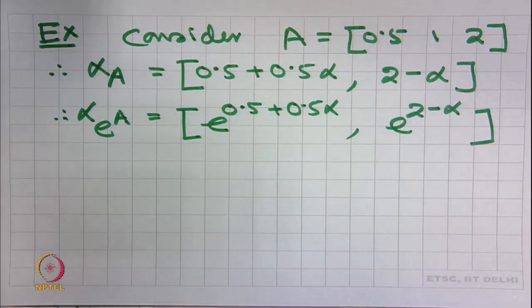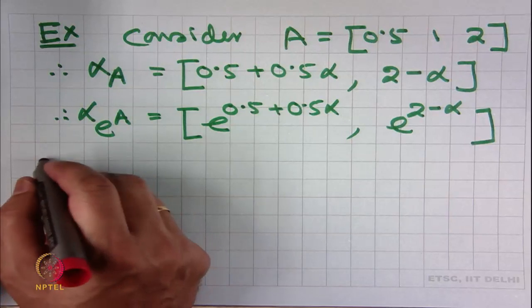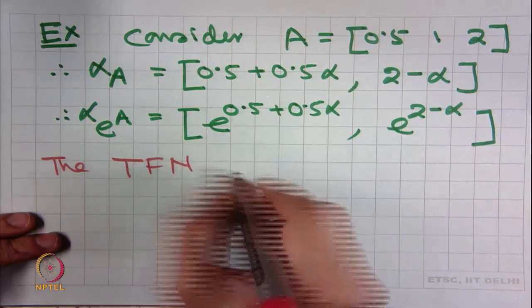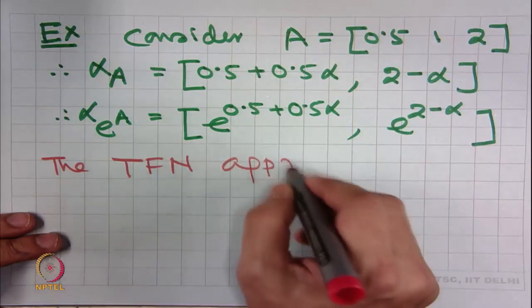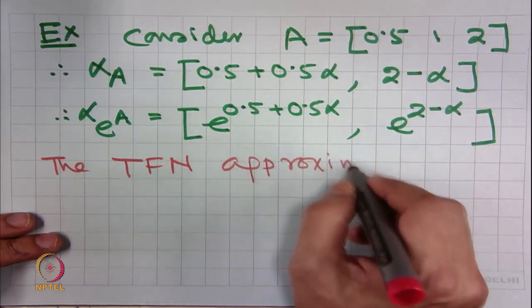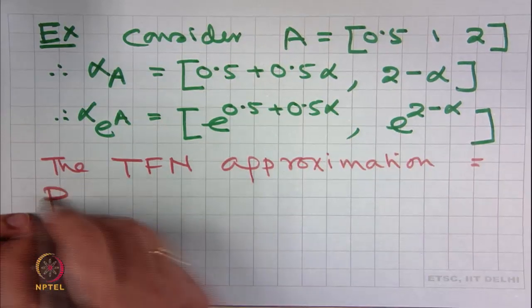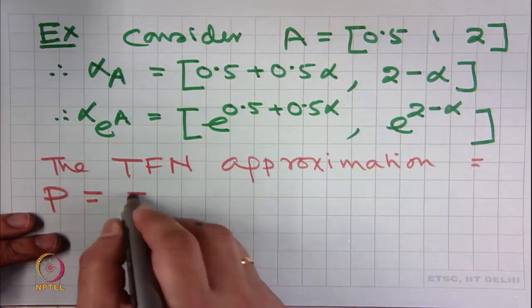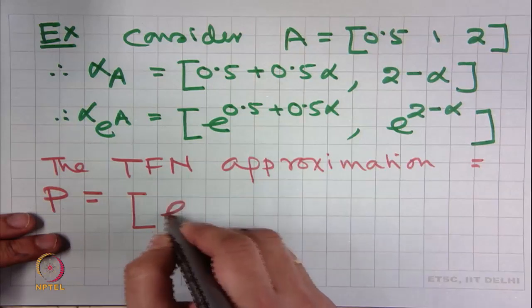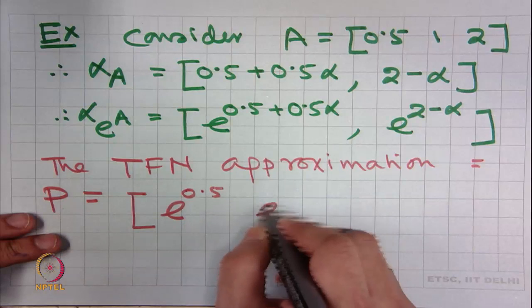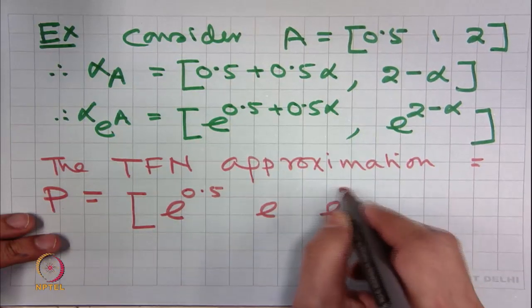On the other hand, the TFN approximation is equal to P, which is equal to the triangular fuzzy number e to the power 0.5, e and e square.